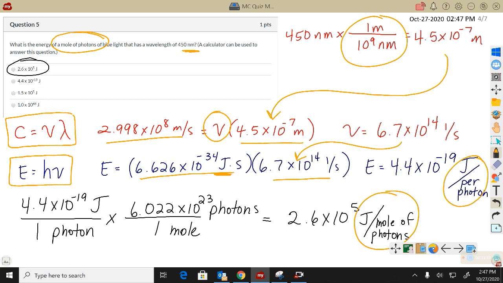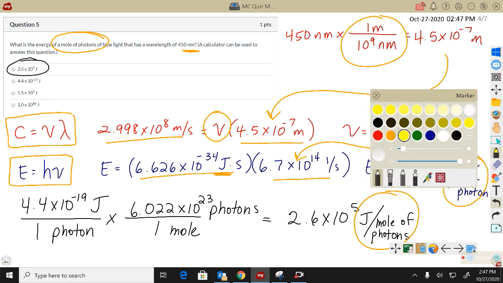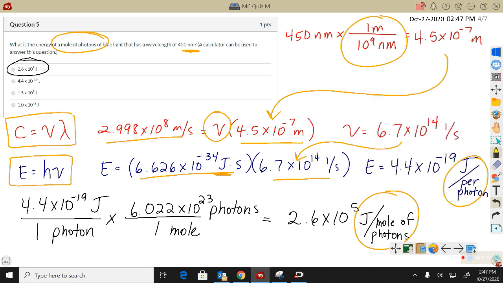If I had Planck's constant and the energy, I could solve for frequency, which I could then plug into the first equation and solve for wavelength. So you could do this backwards, and maybe they would ask, what kind of radiation is this? Or maybe this is light in the visible spectrum, what color would this be? And we would go through this series of calculations backwards. And maybe they start you off down here.